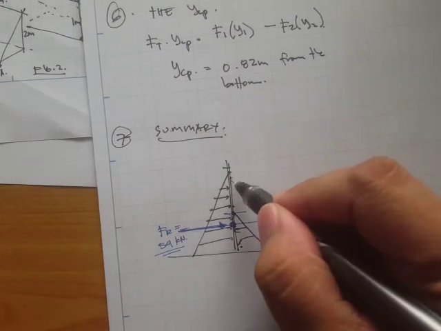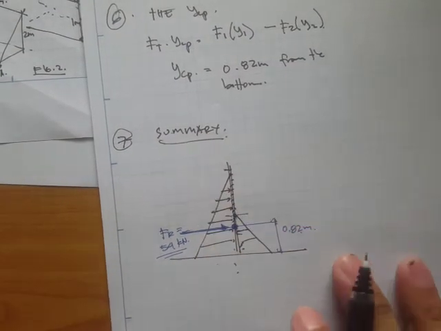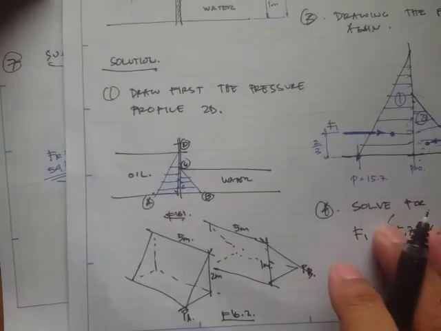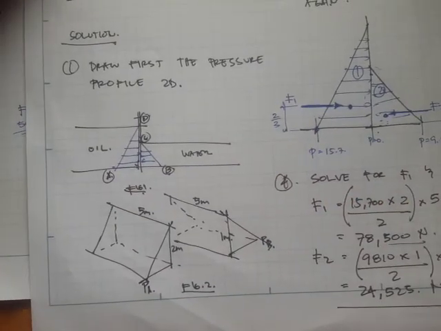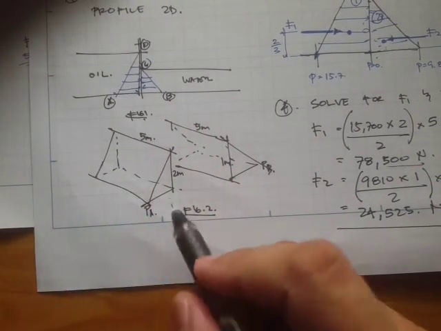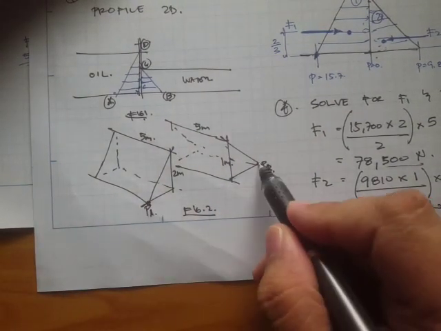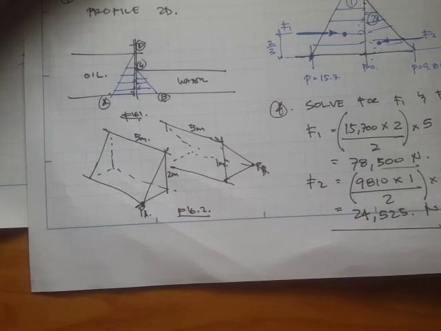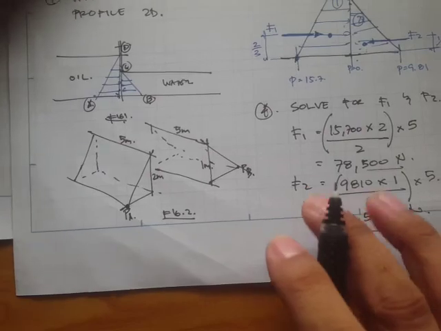Okay, so again, if we do a recap on what we did, we first draw the profile because we want to visualize, and we solve for the pressure at this point, because that's going to be the axis for solving the prism, the volume of the prism.